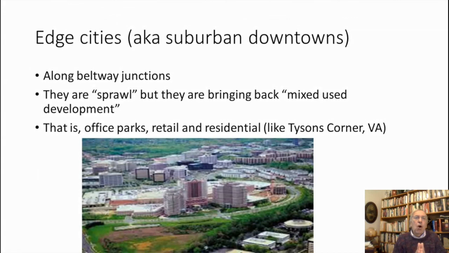And their sprawl, to some extent, folks who don't like sprawl say, well, the city's creeping outward. But these edge cities are also bringing back the idea of mixed-use development, meaning it is retail, it's employment and shopping and housing all in one place.